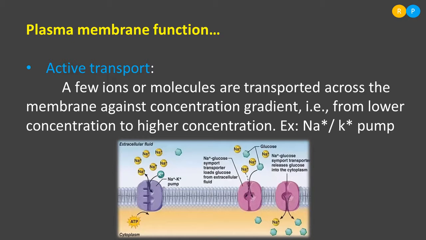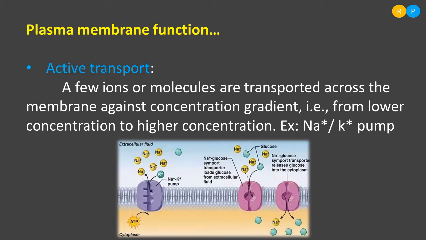That means from the lower concentration region to the higher concentration region, the sodium is moving. This movement takes place through a pump called the sodium potassium pump. When two molecules of potassium get in, three molecules of sodium move out of the cell.